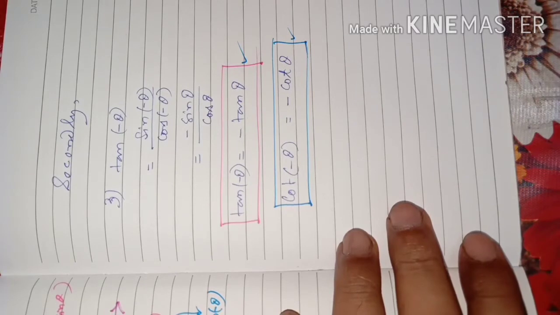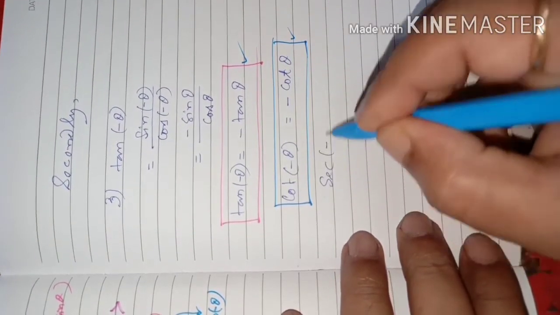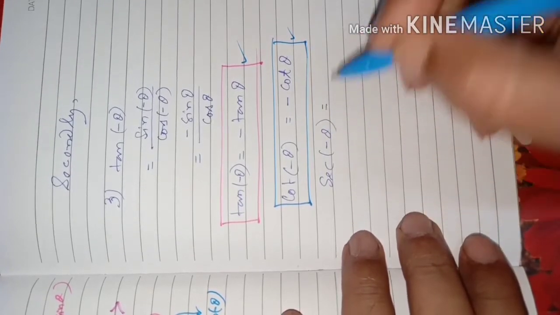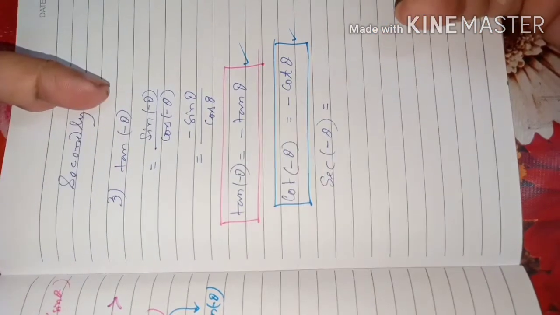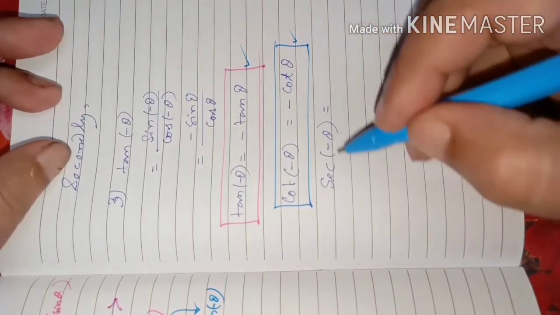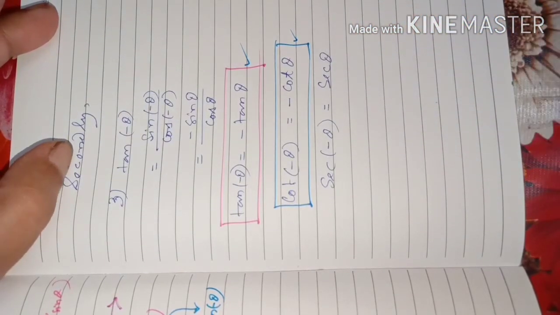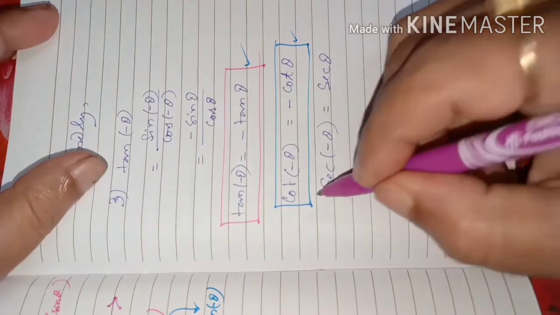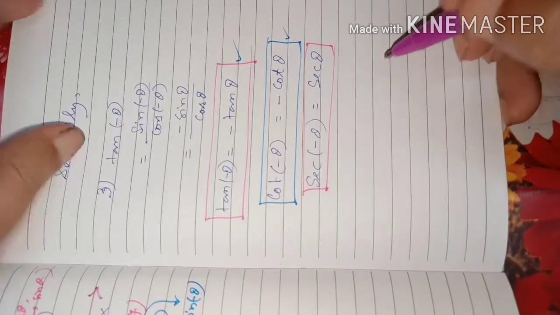Then cosec of minus theta and sec of minus theta. Let us write sec of minus theta. Since sec depends on cos, its sign disappears, cos of minus theta is cos of positive theta. So sec of minus theta will become sec of positive theta. It will not be negative. Remember this.